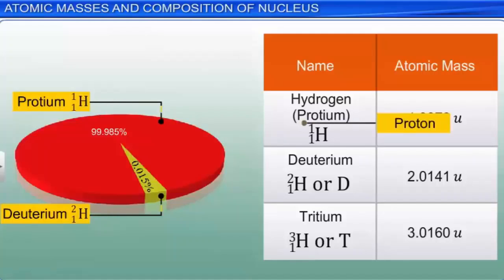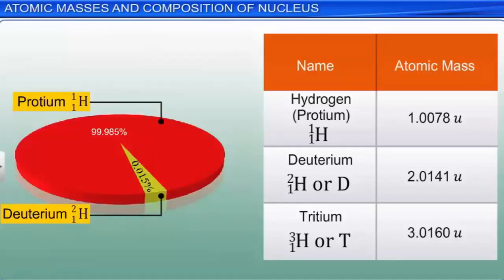The average mass of an atom or atomic mass is obtained by the weighted average of the masses of its different isotopes. For example, the atomic mass of hydrogen is the weighted average of the masses of protium and deuterium, the 2 natural isotopes of hydrogen.